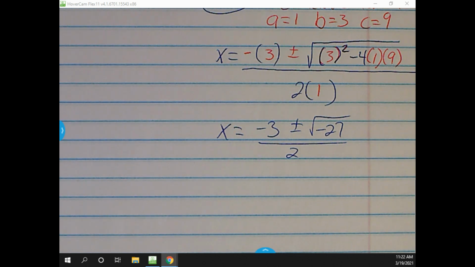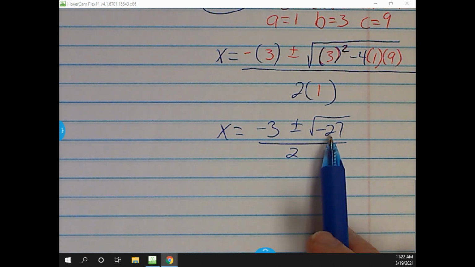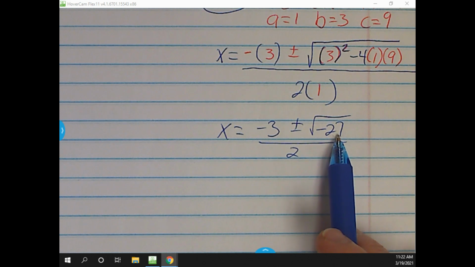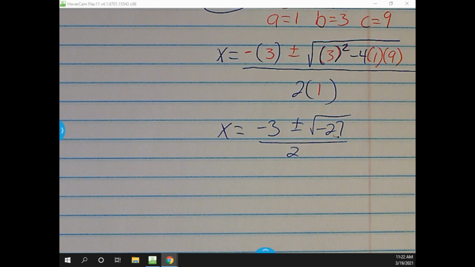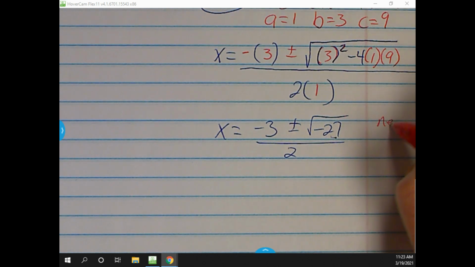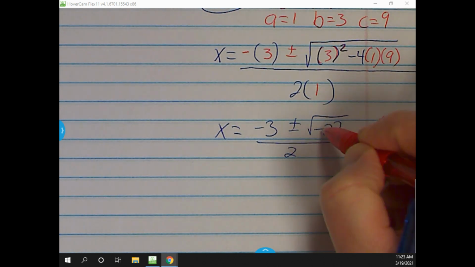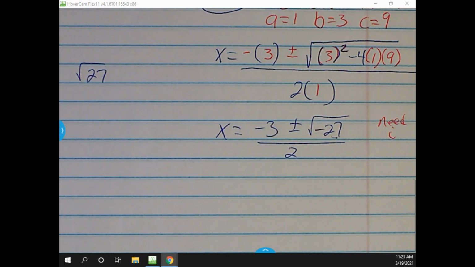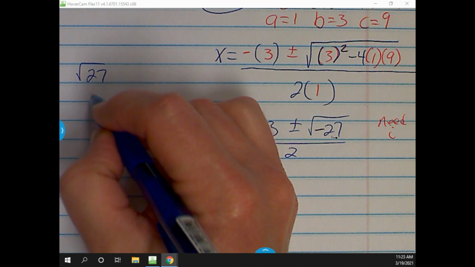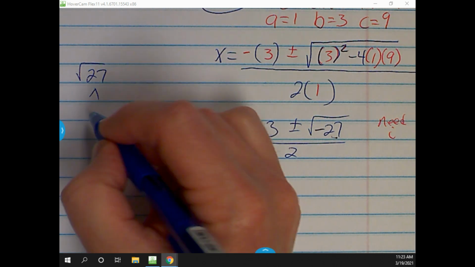All right, and more than likely with these, you're not going to get a perfect square root number here. So that means you're going to have to take the 27 and break it down. Now, it's a negative 27, so we know we're going to need i in the answer because of the negative that's here. So when we break this thing down, let's just forget about the i for a minute. Let's just break down 27. It's 9 times 3.